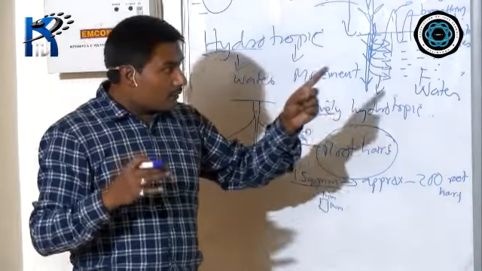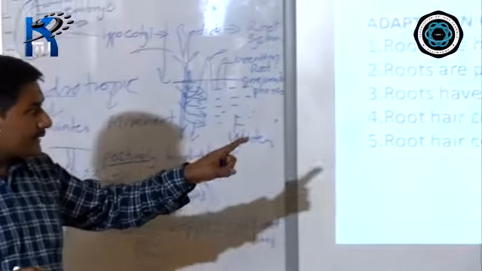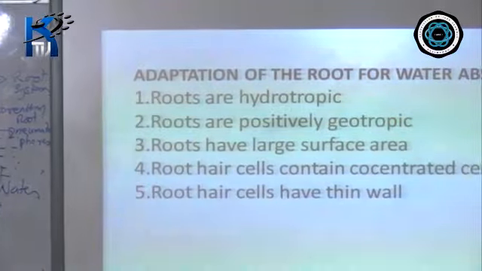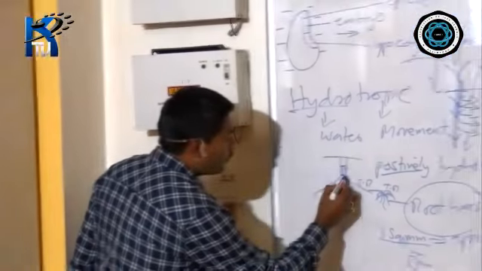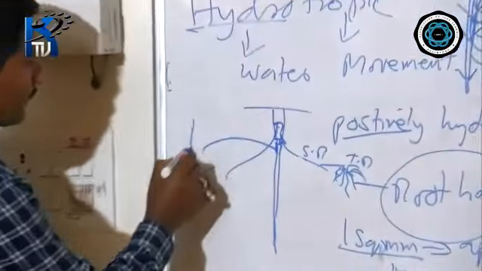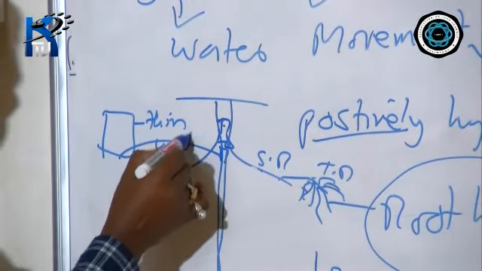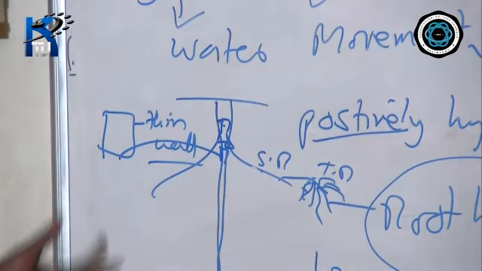Next one is root hair cells have a thin wall. That means the type of cell present in the root has a very thin wall. This thin wall facilitates easy diffusion and permeability.